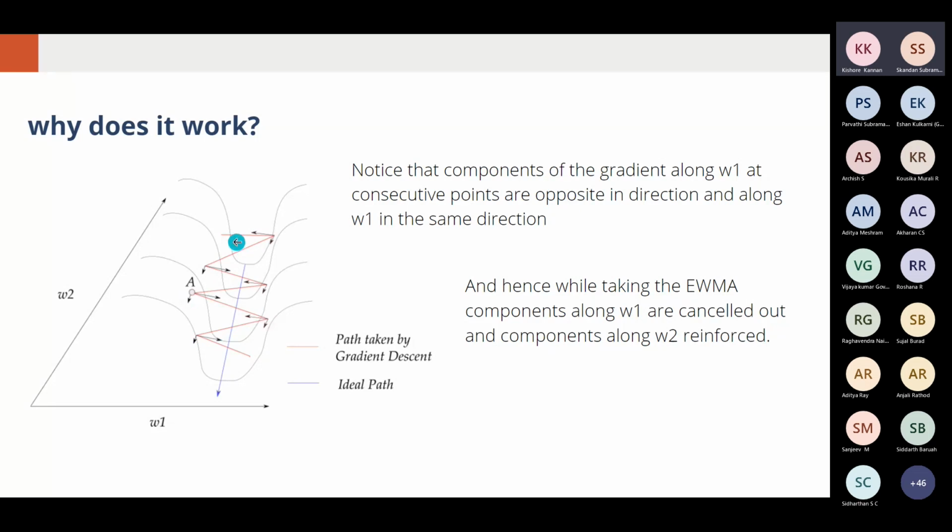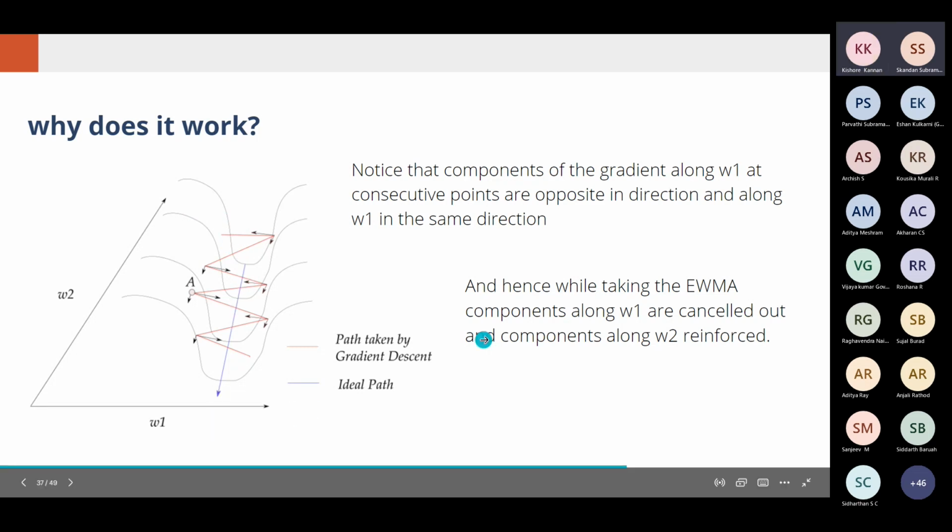If I give a much lesser velocity, it's going to hit somewhere further down, so it'll try to go to the valley, and if we give very little velocity along this W1 direction, it can reach the valley easily. That's the idea here.